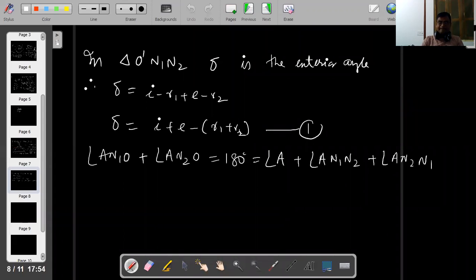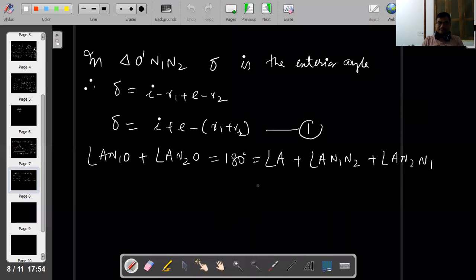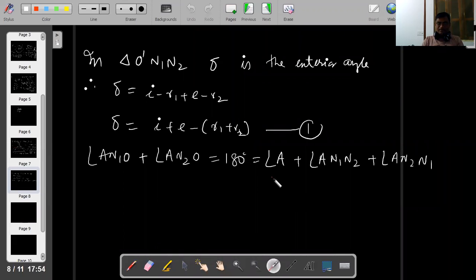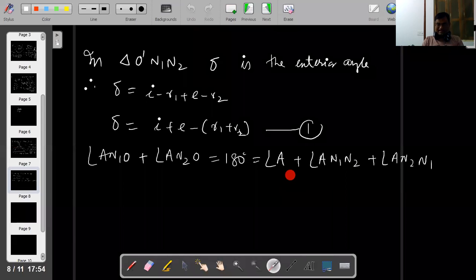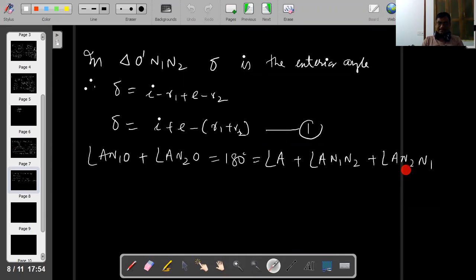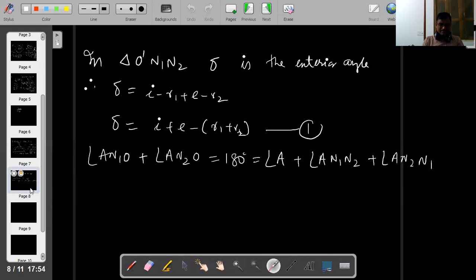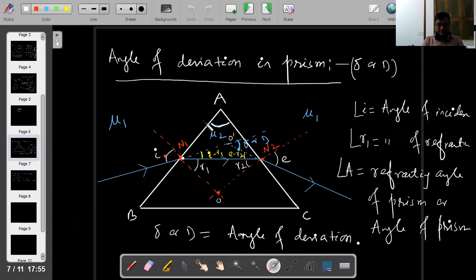Is that clear? Now look here. Angle AN1O is AN1N2 plus R1, and angle AN2O is AN2N1 plus R2.